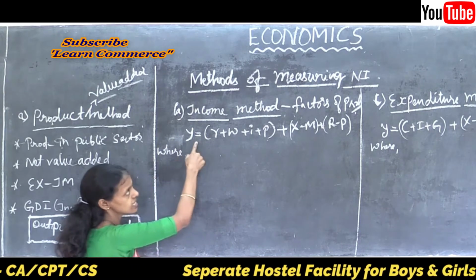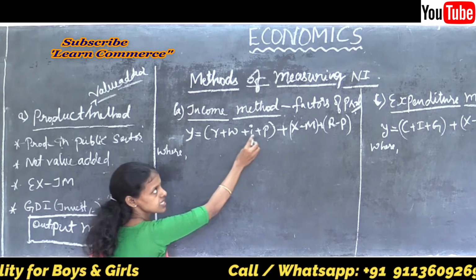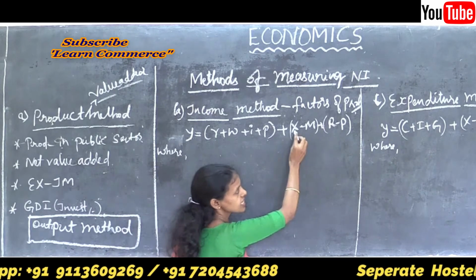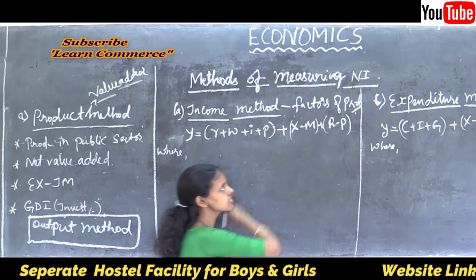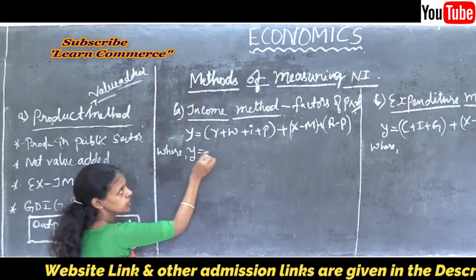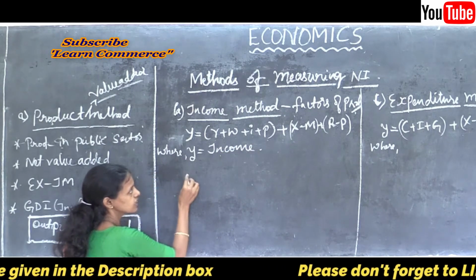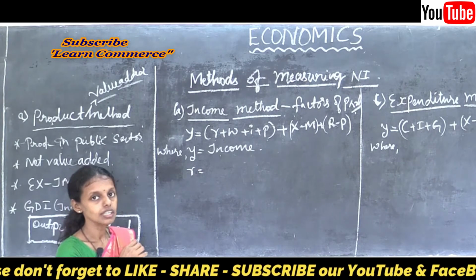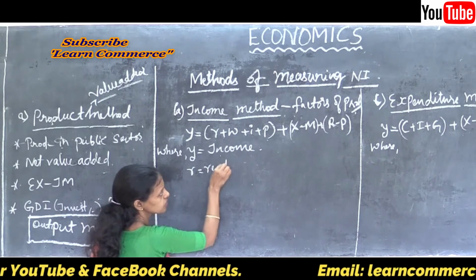So, Y is equal to R plus W plus I plus P plus X minus M plus R minus P, where Y is income, national income. R is the reward given to the factor payments, land is rewarded with rent.